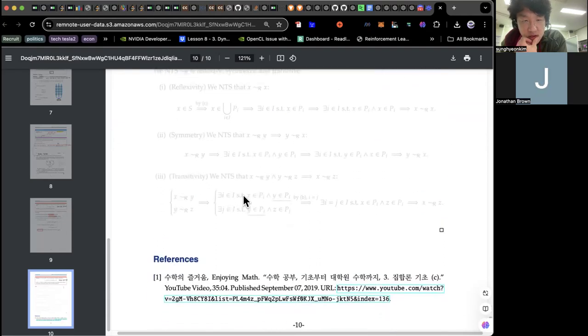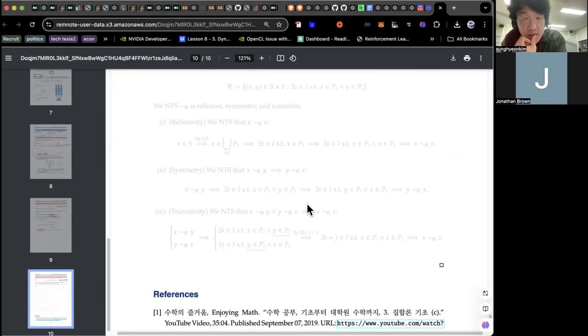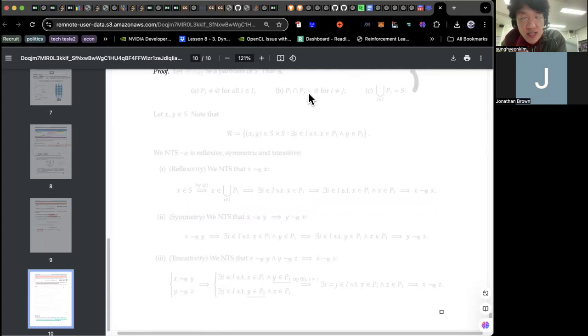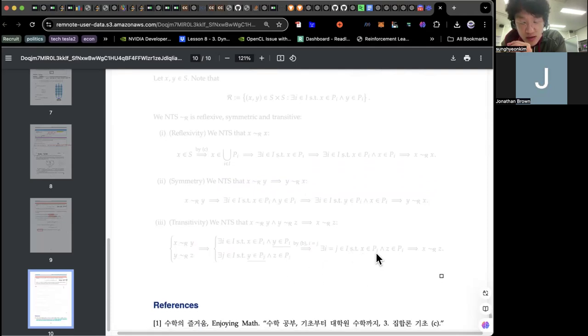And in transitivity, we use X related to Y and Y related to Z under R. Then X is in P_i and Y is in P_i, and Y is in P_j and Z is in P_j. Since P_i and P_j have no common element when i and j are different, we can say i equals j.